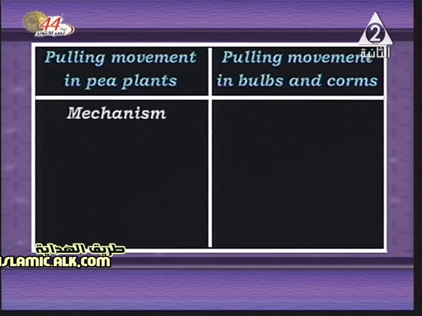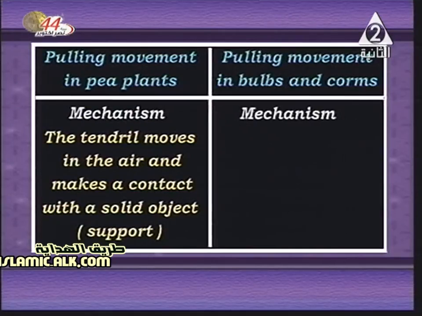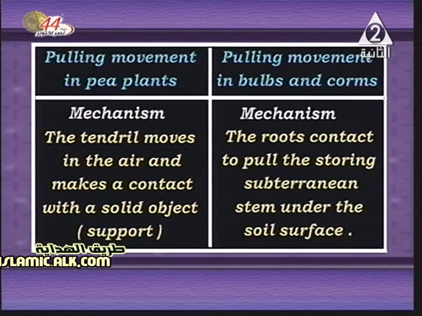But what about the mechanism of the pulling movement in the pea plant? Well, the mechanism means how does it work? Number one, the tendril moves in the air searching for contact or a solid object for support, while in the pulling movement of bulbs or corms, the root contacts the pole of the subterranean stem, under the soil surface.